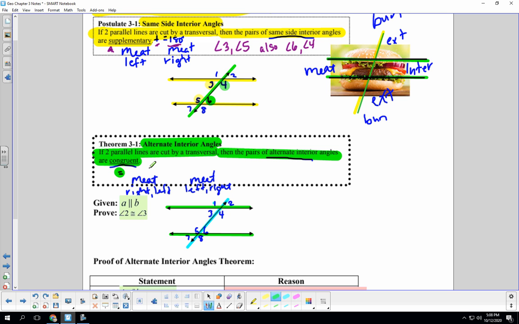Their measures are equal. So alternate interior means you're in the meat, and then you're one on the right and one on the left, or you're in the meat and one on the left and one on the right. So here's the meaty part. I'll color it in crayon for you because why not? It's fun. So here's our meat.